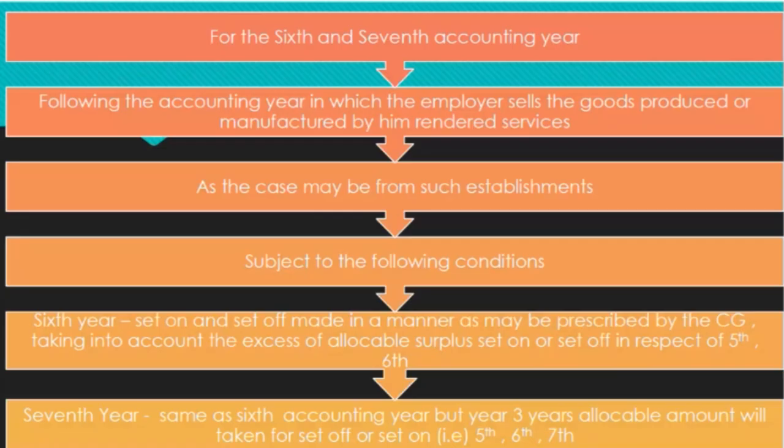In the 7th year I have an excess surplus. So if I take 67%, I will be able to pay more than 20%. So I will pay the previous year's 8.33% and this year's 20% together, so I will be paying 28.33%. I can carry it forward for further set off.